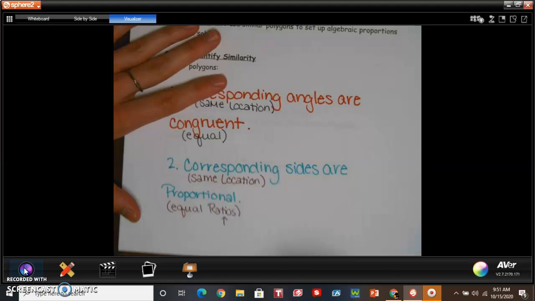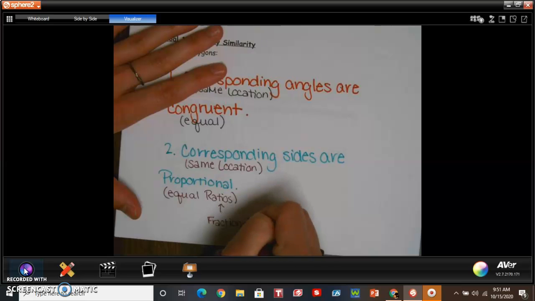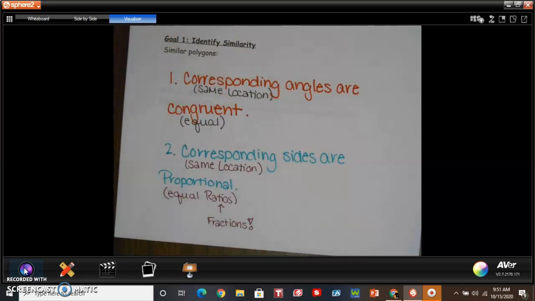And if you can't remember, think of these as your favorite thing in the world. Fractions. It'll be okay.